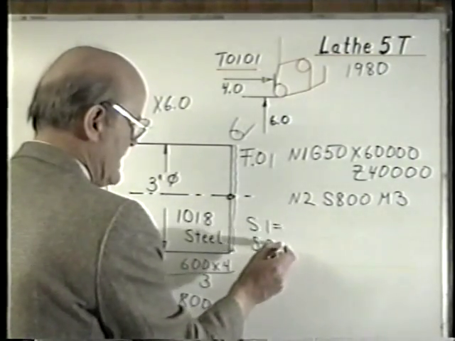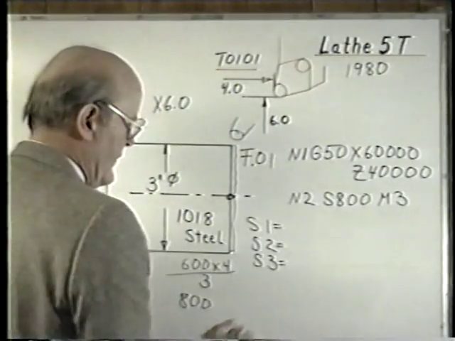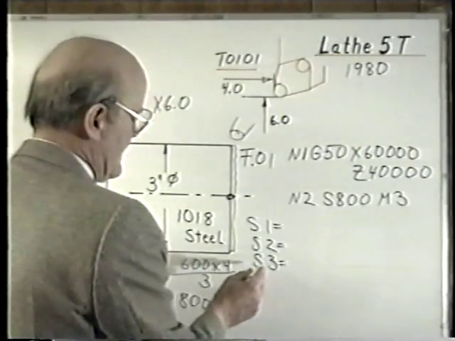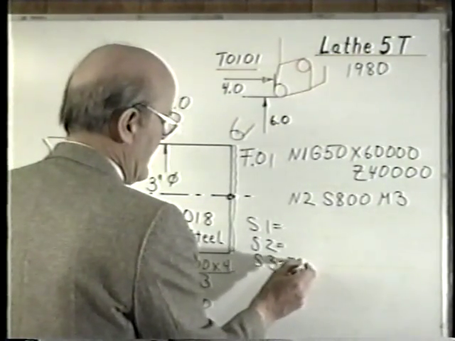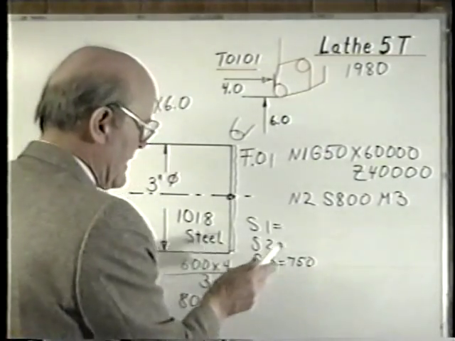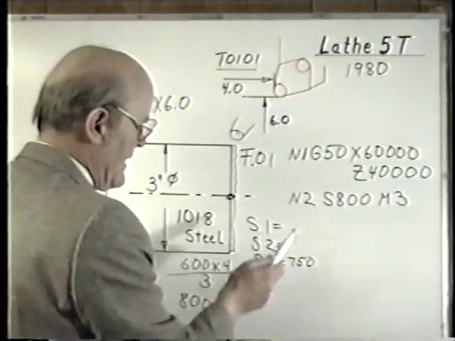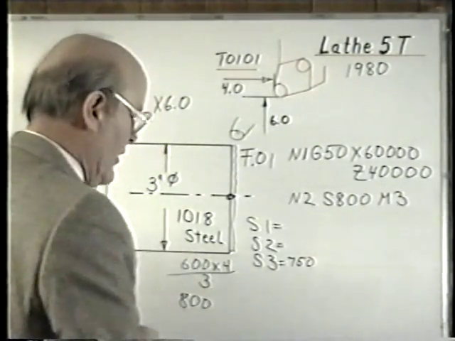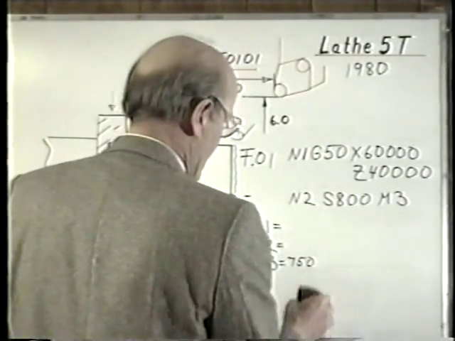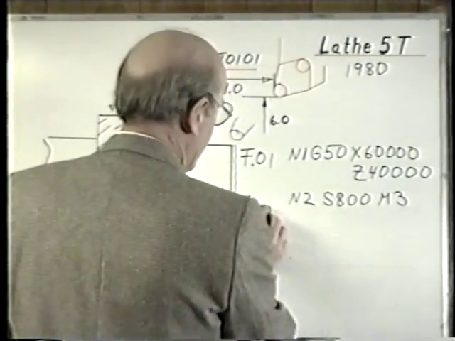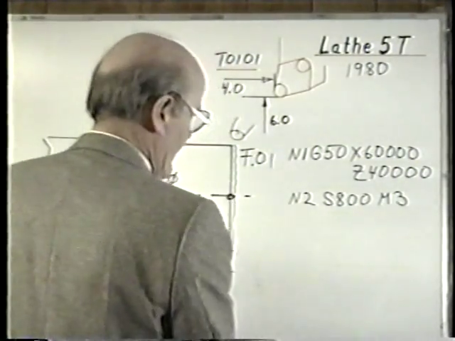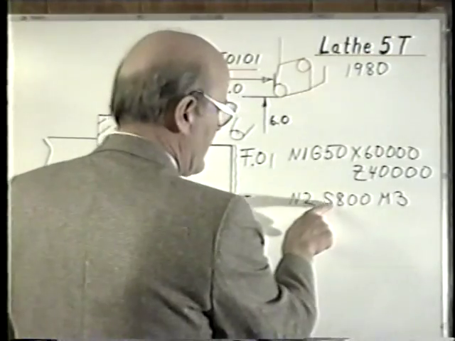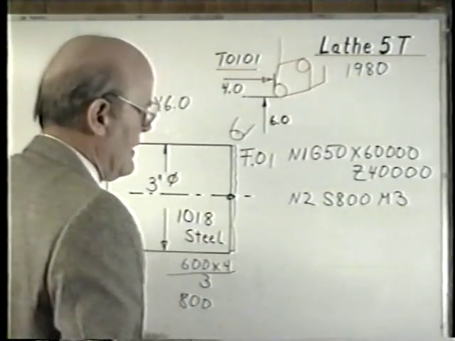And each one of these would stand for a certain RPM. And let's say that this here represented 750 RPM. Very likely that would be the closest you could get to 800, so you would have to program this S3 value. But that would depend on your particular machine. If the machine had a DC motor, they usually had an option where you can program the actual RPM.